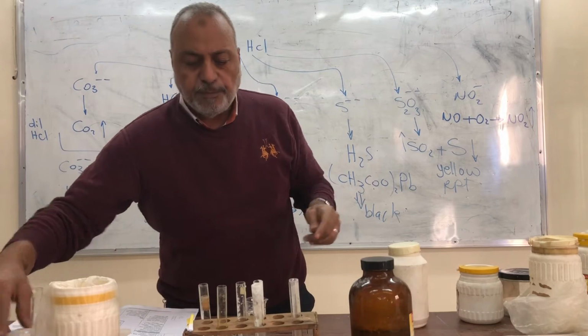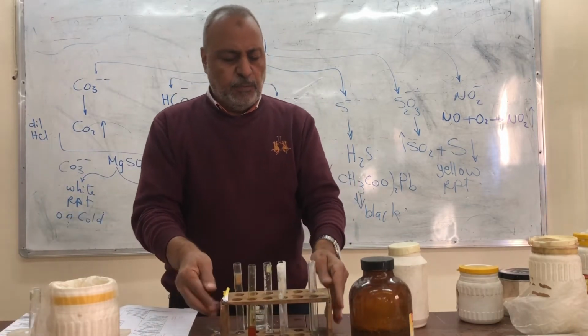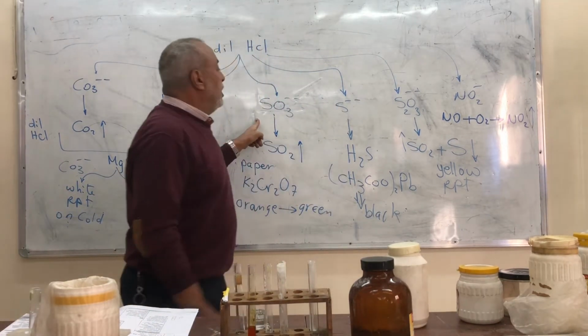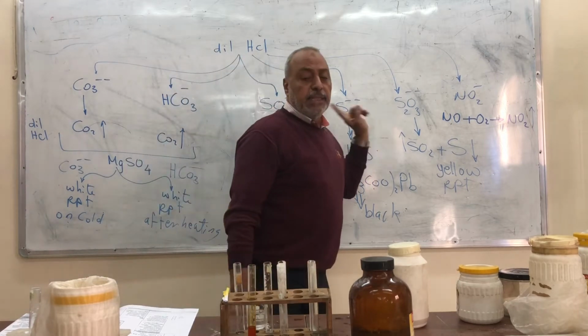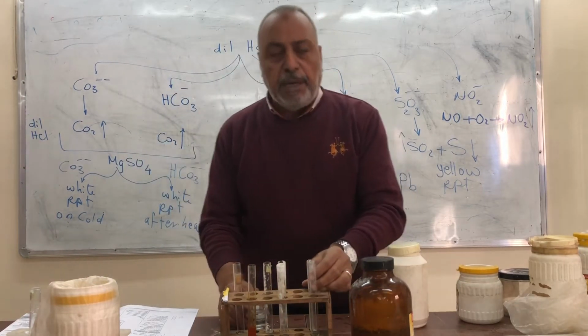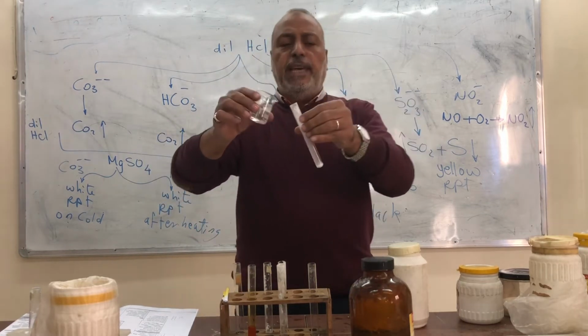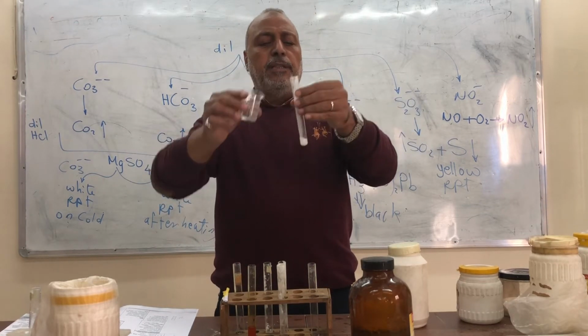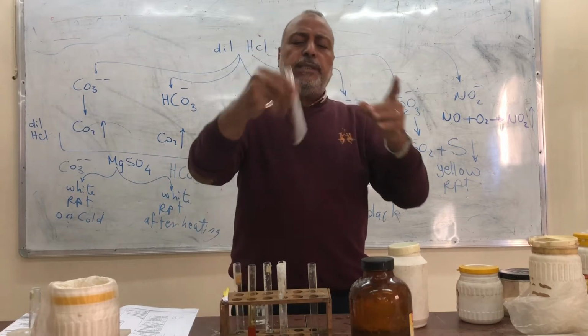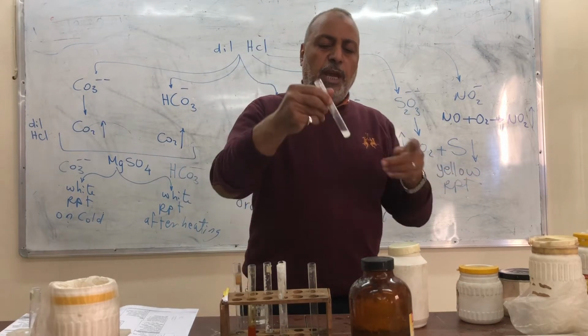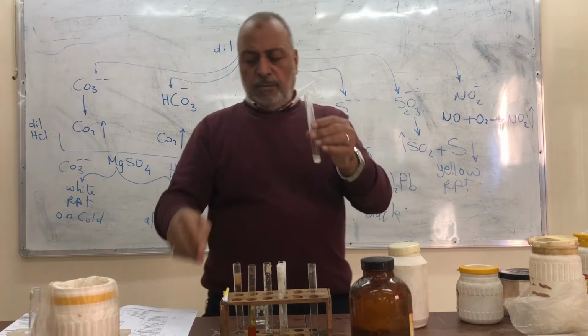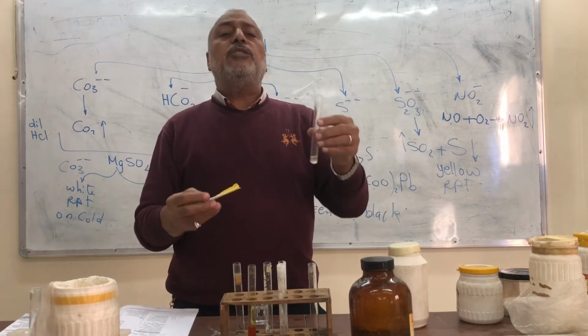Second one, we will take sulfite and thiosulfate. The main experiment for them is dilute HCl. We add dilute HCl to each one. With sulfite, it will produce a gas of SO2.